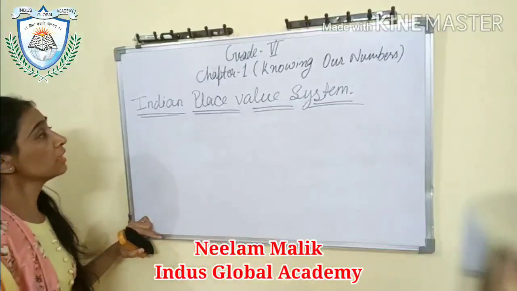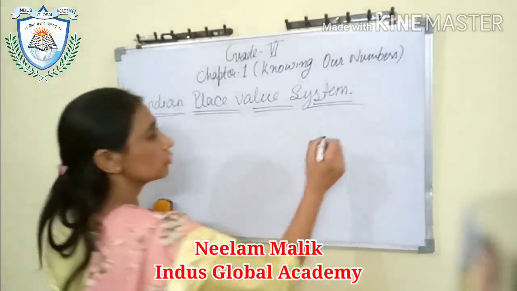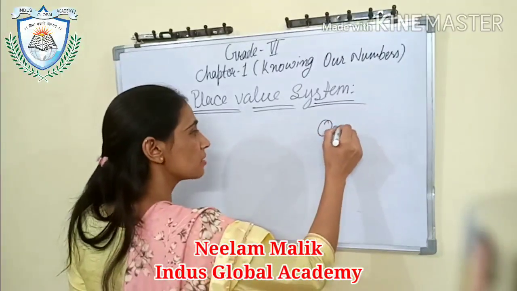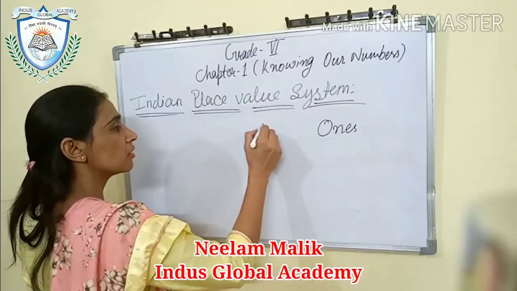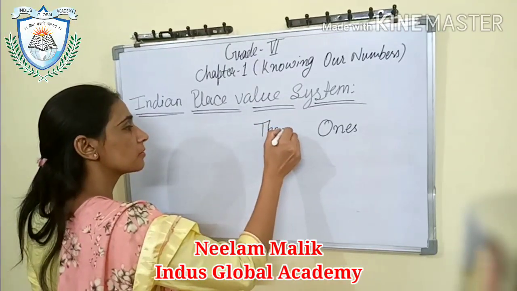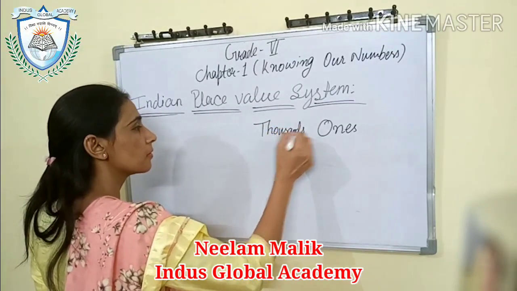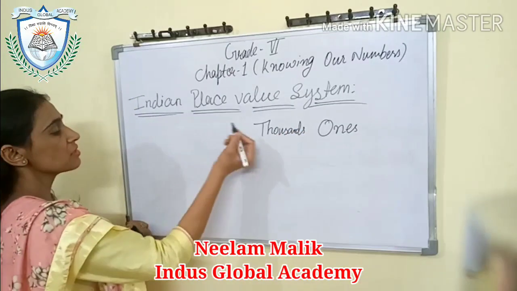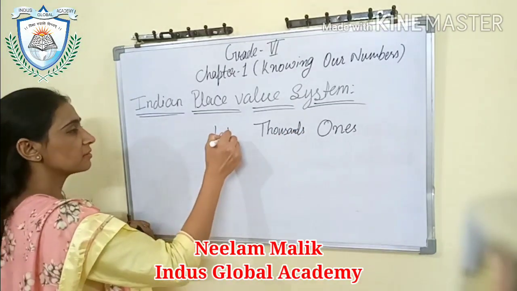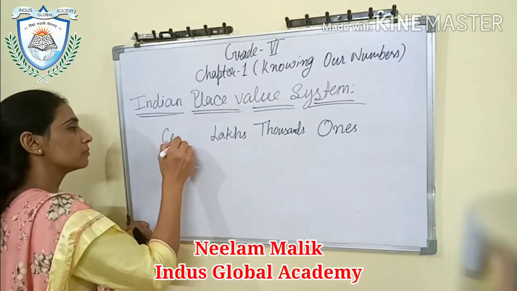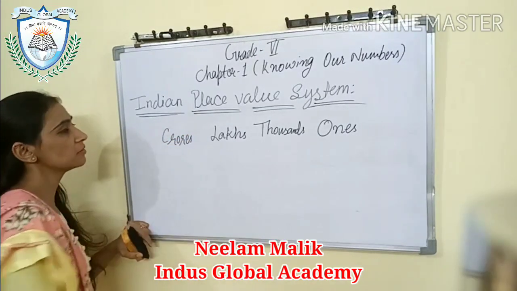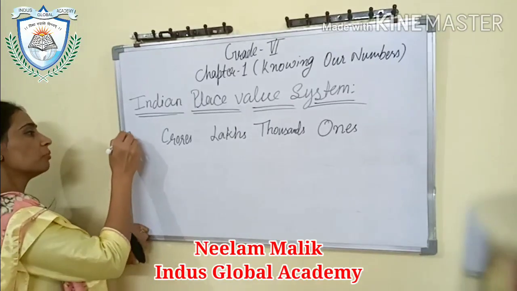How to draw the Indian place value chart? So there is ones period, next is thousands, next is lakhs, crores. These are your periods.